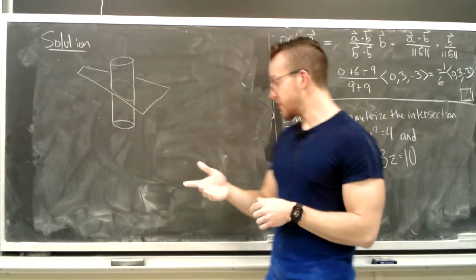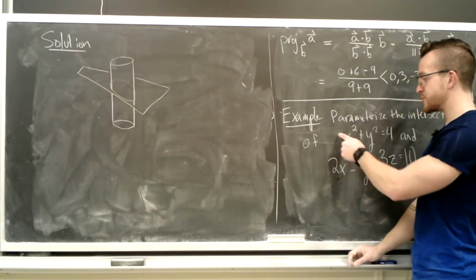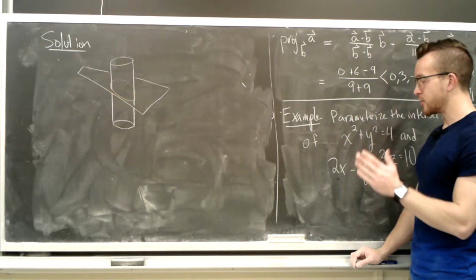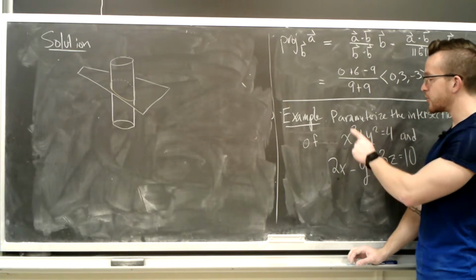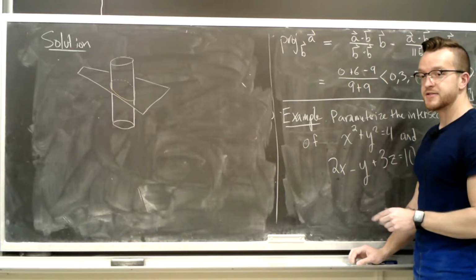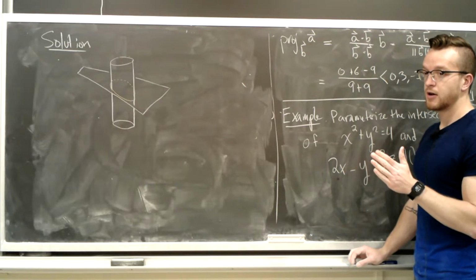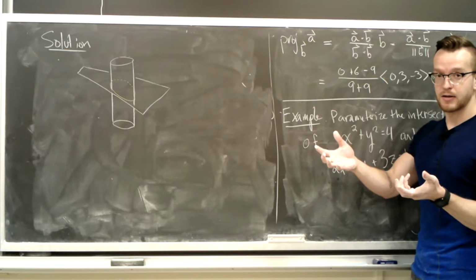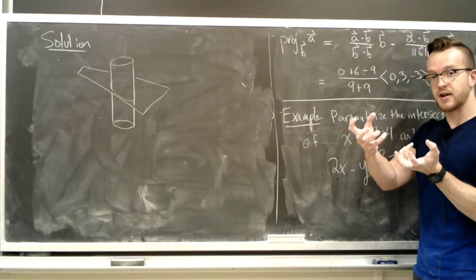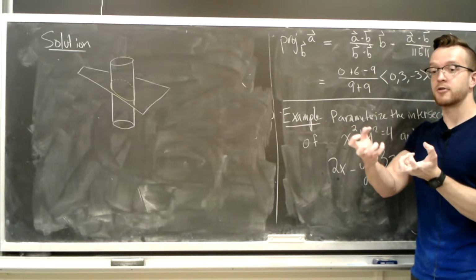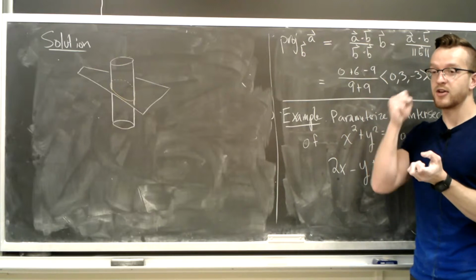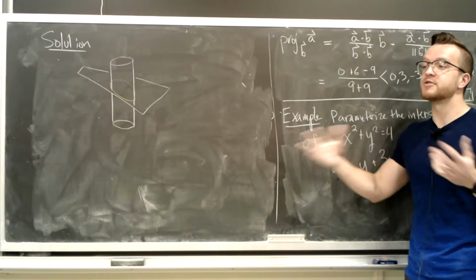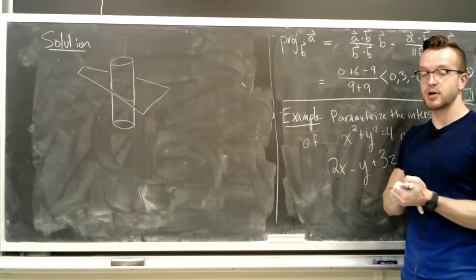Typically, the way I think about these kinds of parameterization problems, where I want to parameterize the intersection of two surfaces, a good way to approach that is to look at one of your equations and see if that equation will dictate what, say, x and y have to be. Then once you've chosen x and y, you can use the other equation to tell you what z has to be. It doesn't always work like this, but that's a good general strategy.